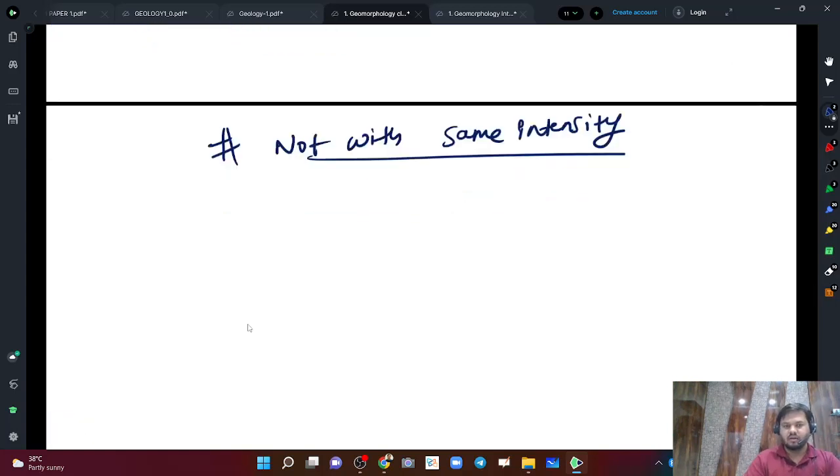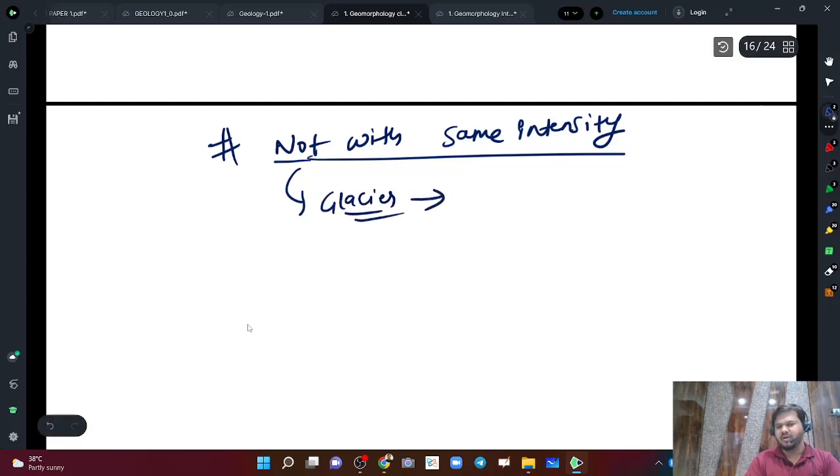For example, he said that glaciers are operating today. So where are glaciers operating? Can anybody tell me? Where do we find glaciers?